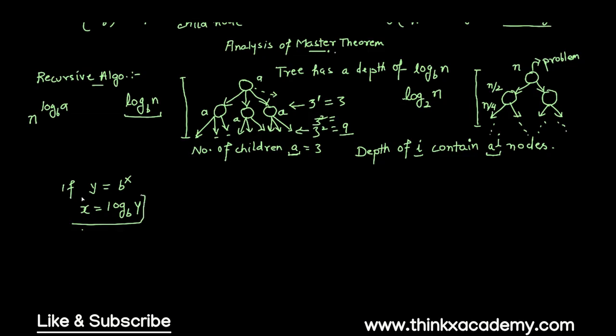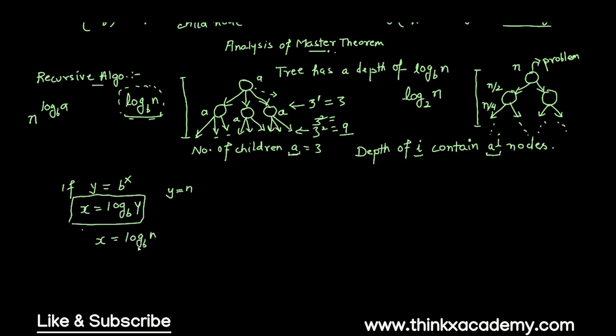If this is what we have got, you can see that I can compare this value with log base b n. Here y is equal to n, so I will get the value x equal to log base b n.